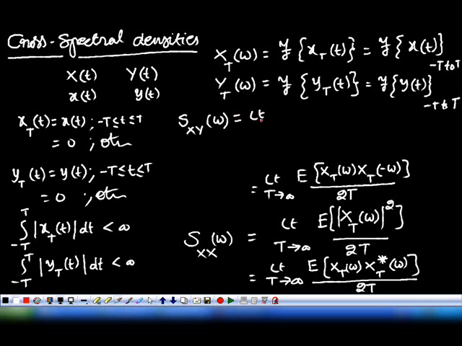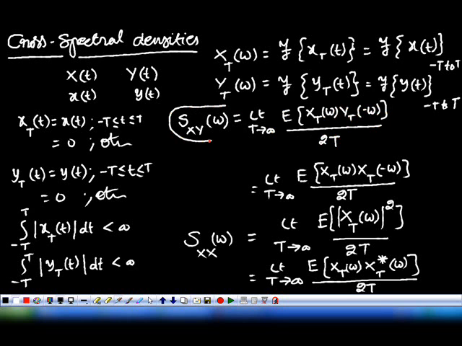This can be written as the limit T tends to infinity of the expectation of XT of omega into YT of minus omega, divided by 2T. Understood this? So this is the cross power spectral density of the random processes x of t and y of t.